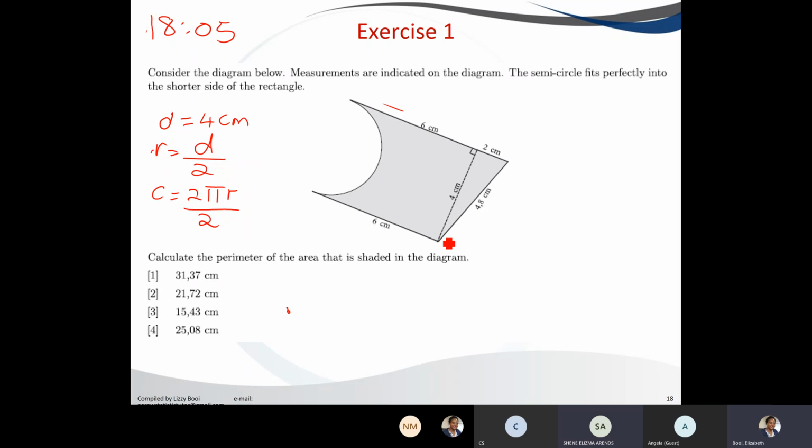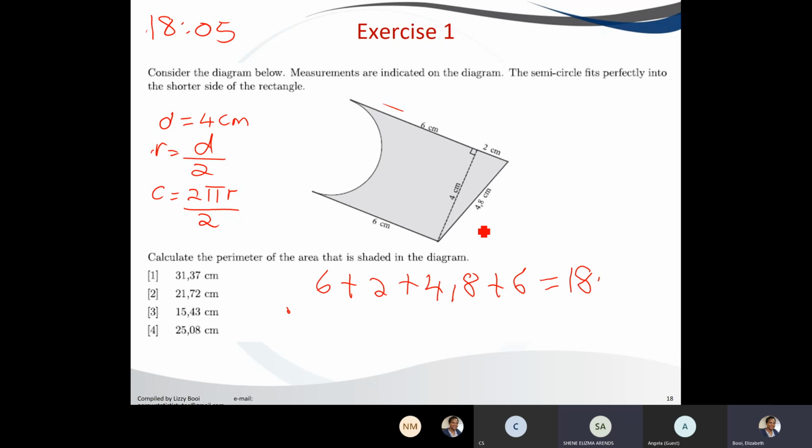Okay. So what I did was I first added all the sides, excluding the circle. So 6 centimeters plus the 2 centimeters plus 4.8 and then plus 6 centimeters. And then that gave me 18.8 centimeters.